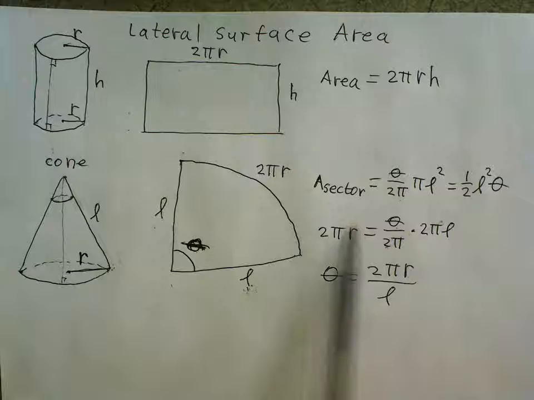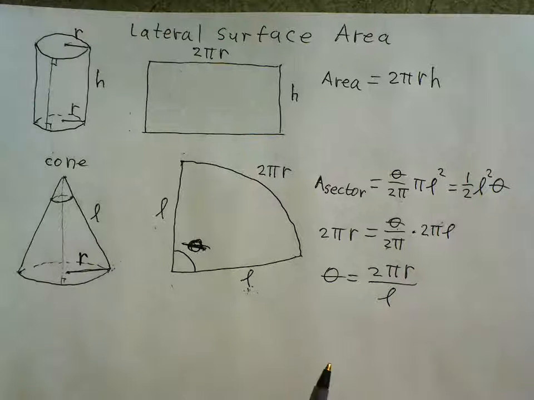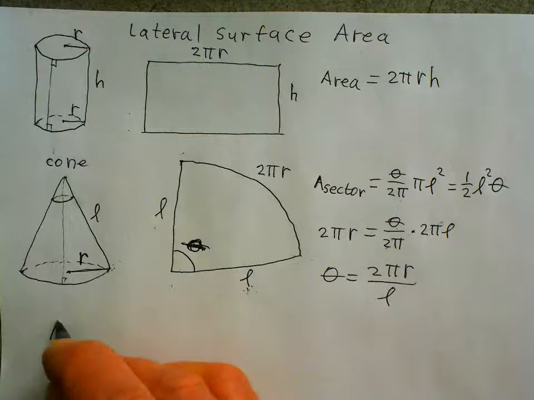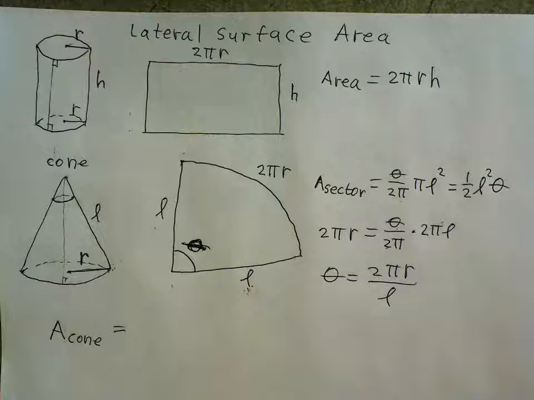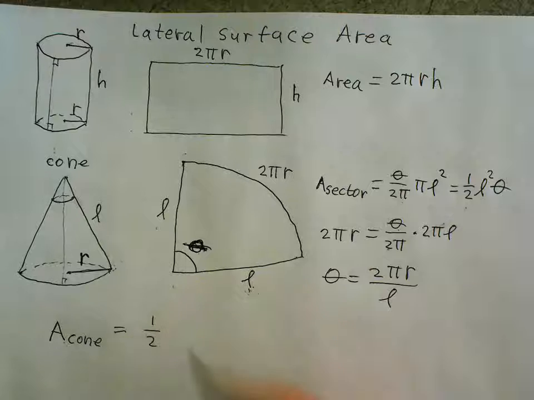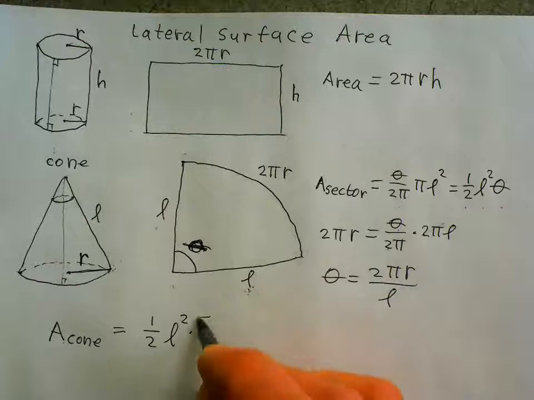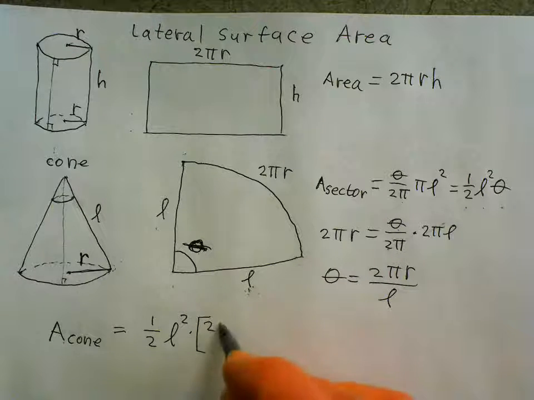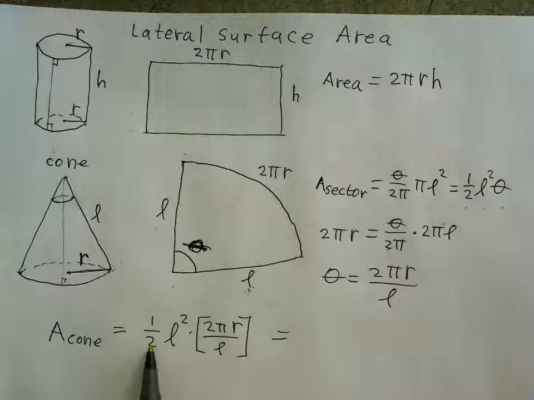Okay, so the lateral surface area of the cone, which is the same as the area of this sector, is 1/2 times L squared times theta, but we're going to replace theta with 2 pi r divided by L. And then we do a little bit of arithmetic. 1/2 times 2 pi is pi.